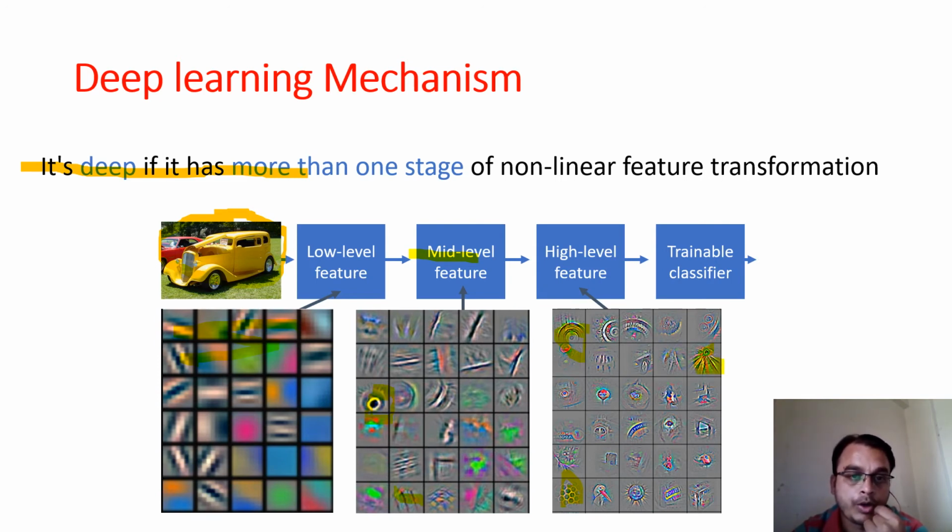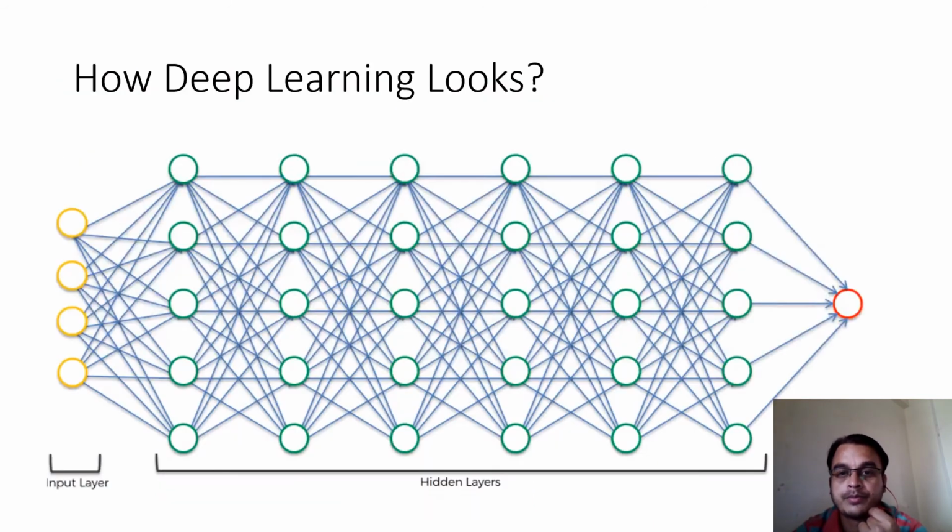Whatever layers we add, each layer defines its own identities, and if I club all these together, they are given as a feature set to the training model.